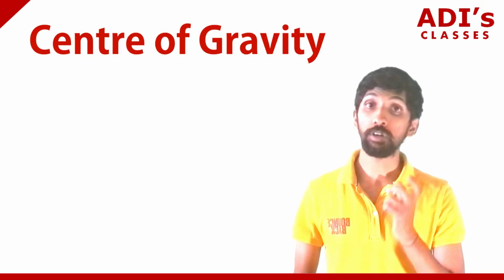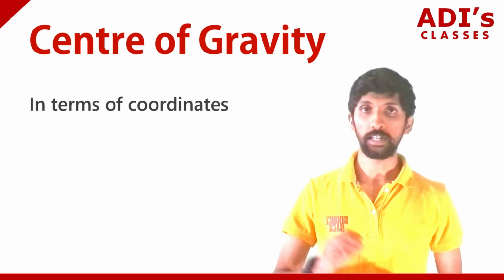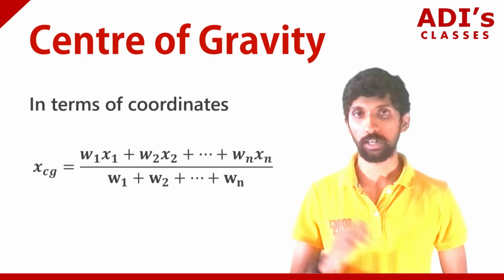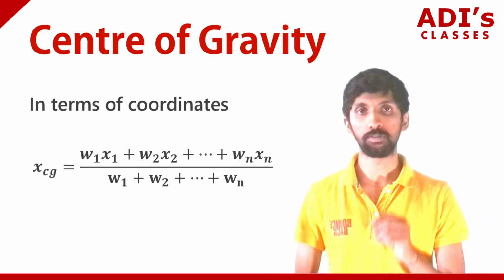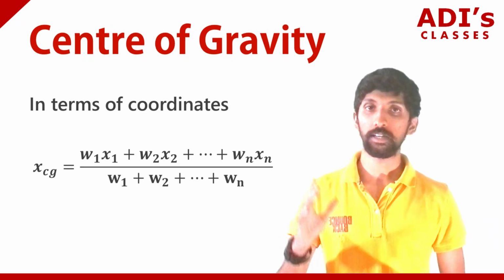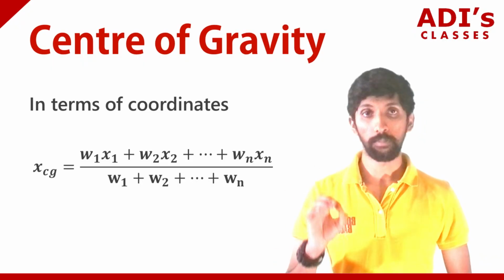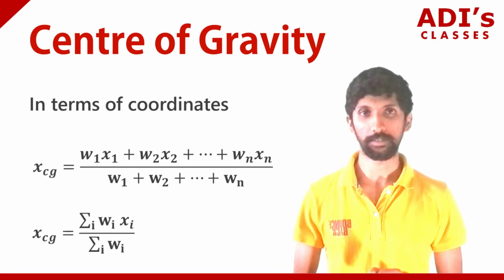What if I have the coordinates, in terms of x, y and z? Then in terms of coordinates, we have xcg, center of gravity. Xcg is equal to W1x1 plus W2x2 till Wnxn by W1 plus W2 plus W3 till Wn, or sigma Wixi divided by sigma Wi.